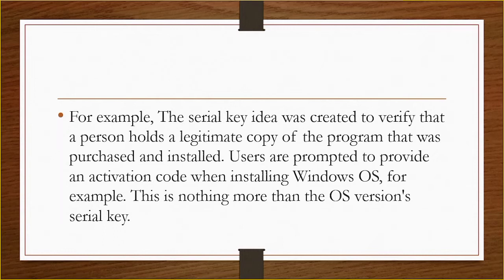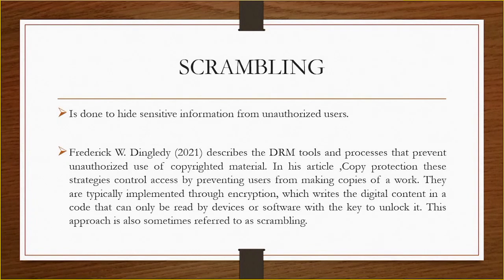Computer games also use serial keys to ascertain that the game version has not been copied without authorization. Scrambling is done to hide sensitive information from unauthorized users. Frederick W. Dinwiddie, 2021, describes the DRM tools and processes that prevent unauthorized use of copyright material.